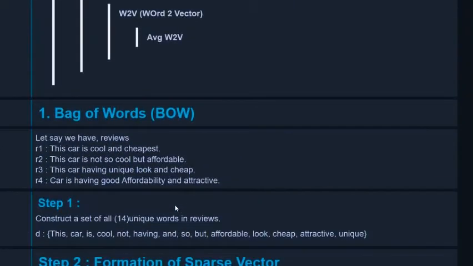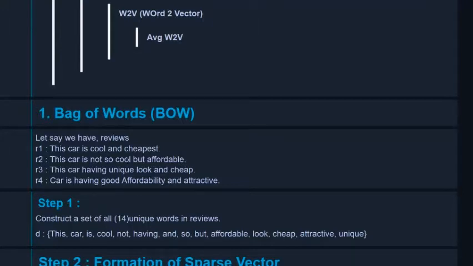We must be very clear about how and when to implement these individual stages. If we see these two reviews, the word "not" literally makes the meaning of the sentences completely opposite to each other. Here it says the car is cool, and here it says the car is not cool.